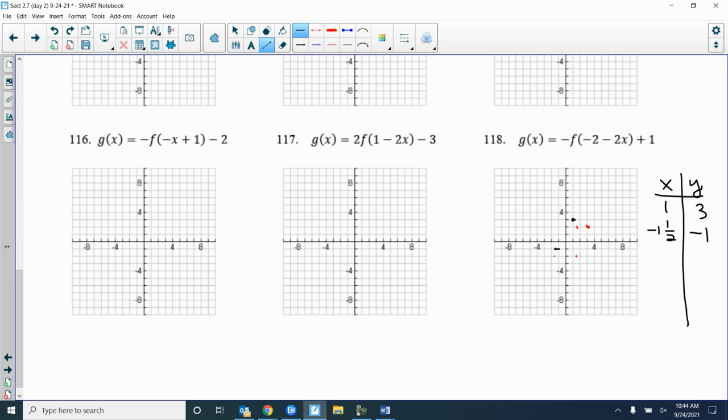And so I'm going to connect there. All right, you try point 3. Let's see where you end up. And that is 3, negative 1, right? Mhm. 3, negative 1. All right, see where you end up.